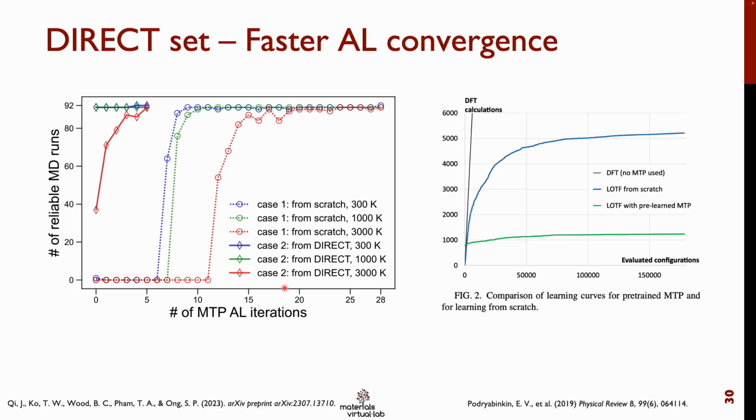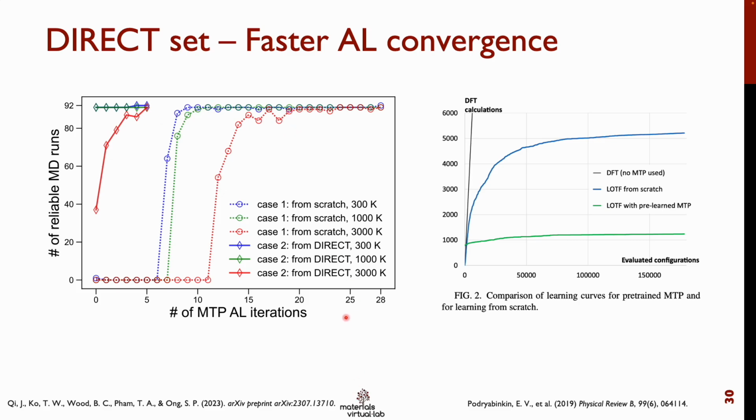While for starting from direct sampling dataset, at 300 Kelvin and 1000 Kelvin, there isn't any active learning needed to get this reliable simulation for those 91 crystalline structures for titanium hydrogen. While for 300 Kelvin, we still need a few iterations to complete those MD simulations reliably, but this iteration is largely decreased to just 5 iterations.